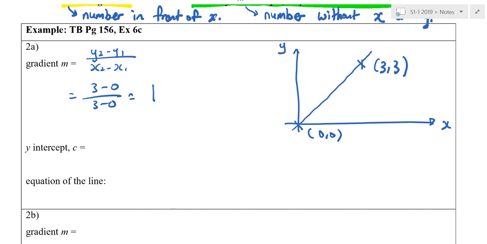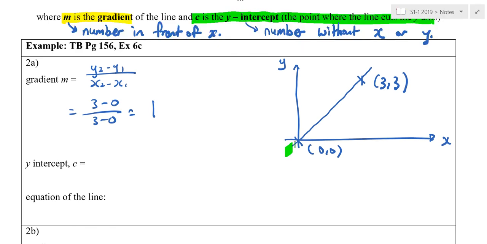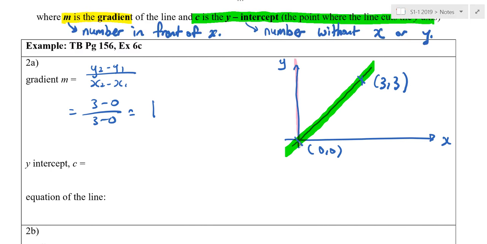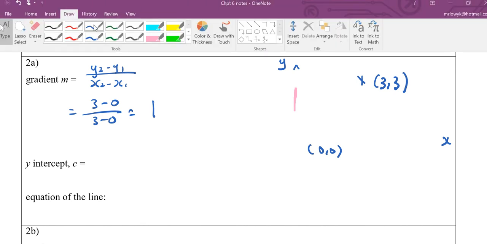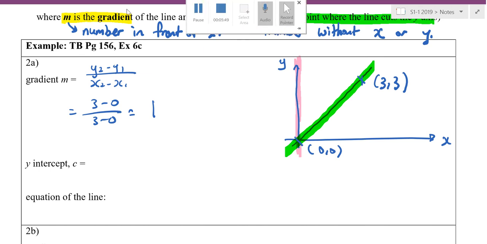Can you focus your attention on the line and the y-axis? Can you tell me where does my green line cut the y-axis? 0, right? So what is my y-intercept? 0. So this answer is a sweet 0.